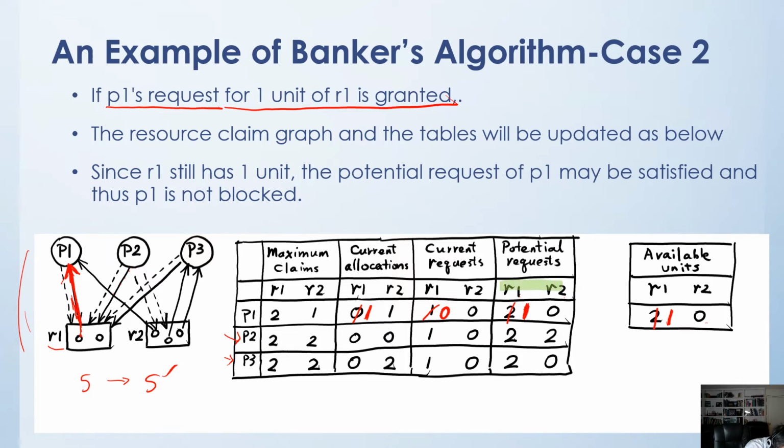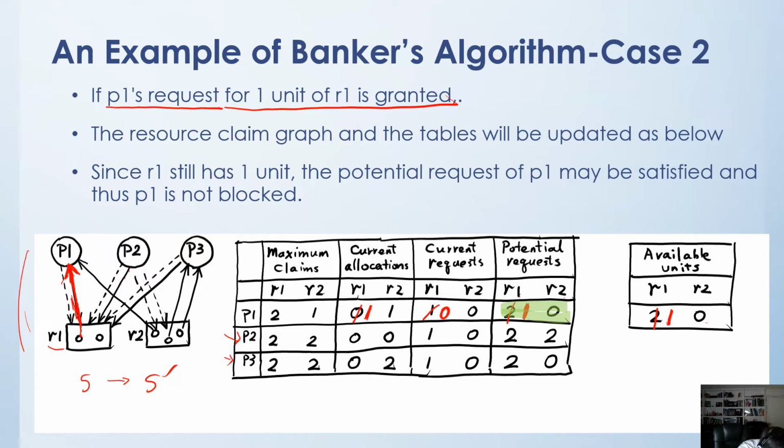Oh, sorry, I just put the wrong one. So yeah, P1 should be okay. The potential request is 1 for R1, 0 for R2, which matches the actual available units.